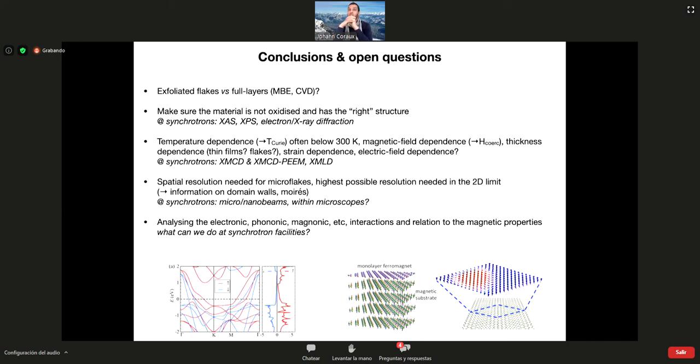Actually, the materials, when you operate them in air, they might be unstable. That's of course the case. Then if we refer more to the magnetic properties themselves, if they are sensitive to defects or to dimensionality effects or whatever, then this is another question. So there will be defects in the MBE grown materials. Depends on the density of defects, it might be a problem.